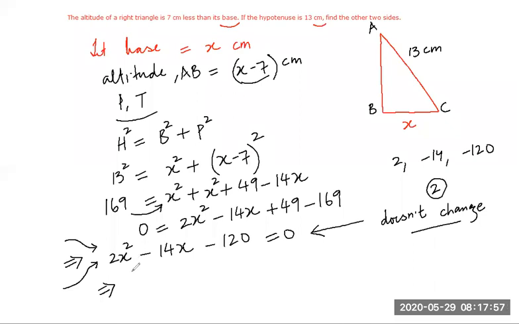So now you get x square minus 7x minus 60 is equal to 0. I'll write this on the next page. x squared minus 7x minus 60 equal to 0.